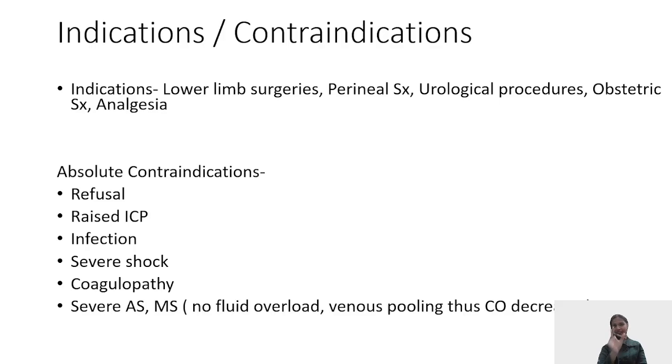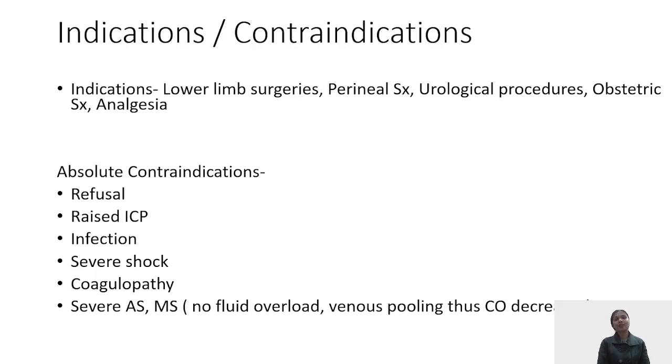See, when we talk about indications, these days I'm sure you all must be working in very good institutes, spinal anesthesia is being used for almost every case. For example, even cholecystectomy, people are doing it under spinal anesthesia. Mastectomy also, people are doing under segmental thoracic spinal anesthesia these days.